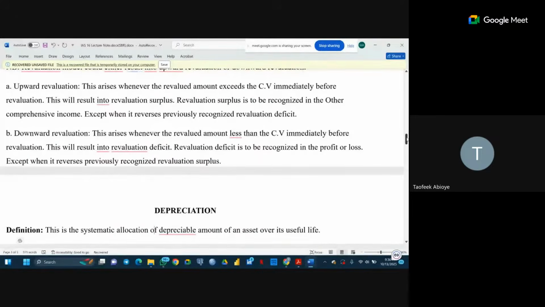If this is the case, then we use our revaluation deficit to nil off the revaluation surplus we had before, for us to arrive at the current value of the asset. Overall, the revaluation surplus is to be recognized in other comprehensive income, except when it reverses a previously recognized revaluation deficit.